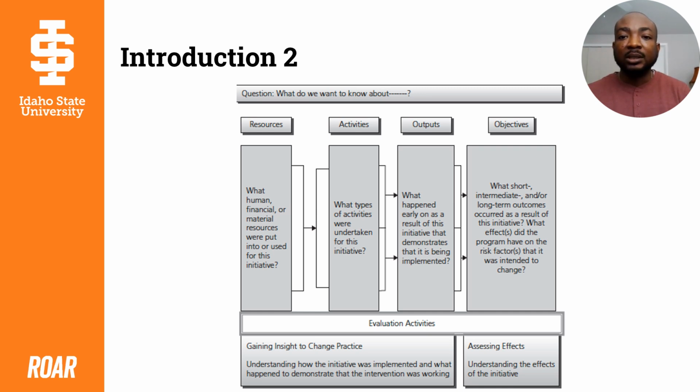For example, in the resources box, the question might be what resources are provided for the initiative or a part of the initiative. In the outputs box, the question might be how satisfied are our clients or how many and which clients did we serve.